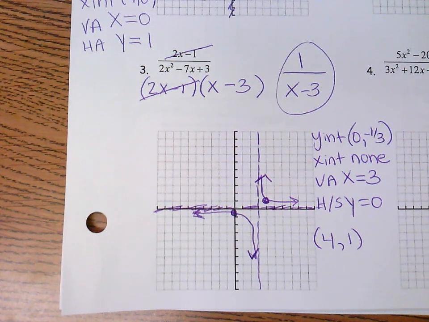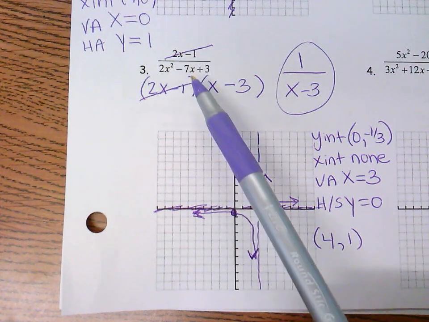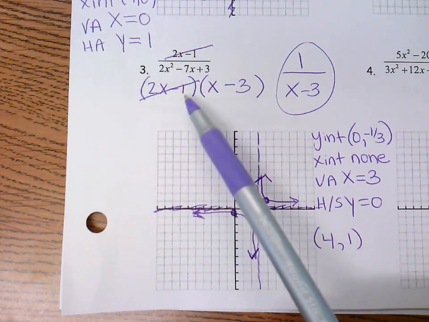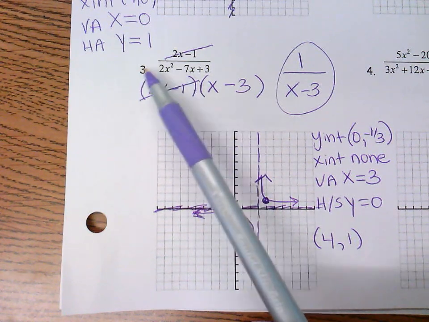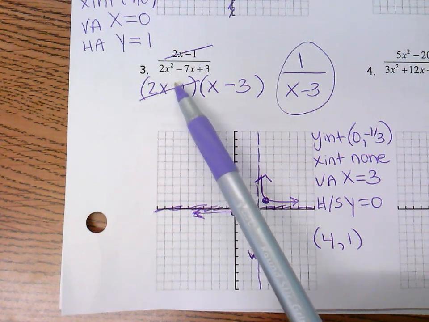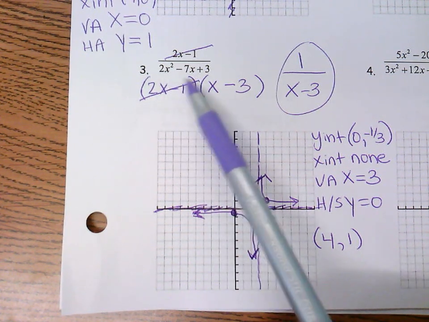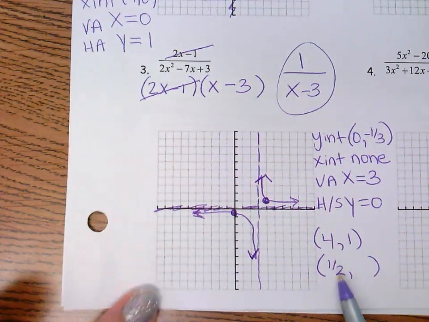All right, my last step. I canceled this factor over here, right? So originally, this would have produced an undefined value if I plugged in 1/2, right? Because if I set this equal to 0, add 1 to the other side, divide by 2, 1/2 would have been my asymptote. So my hole is going to be at 1/2, comma something.